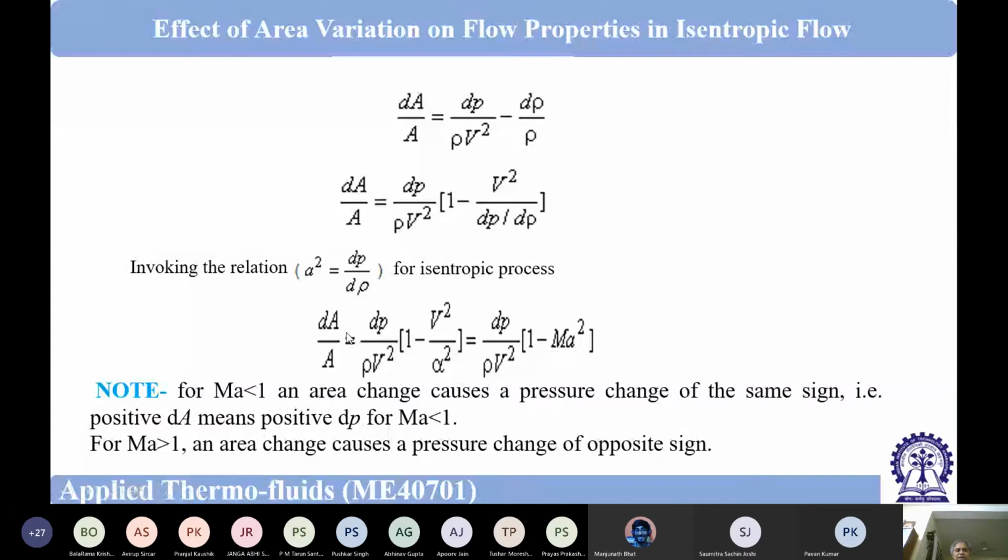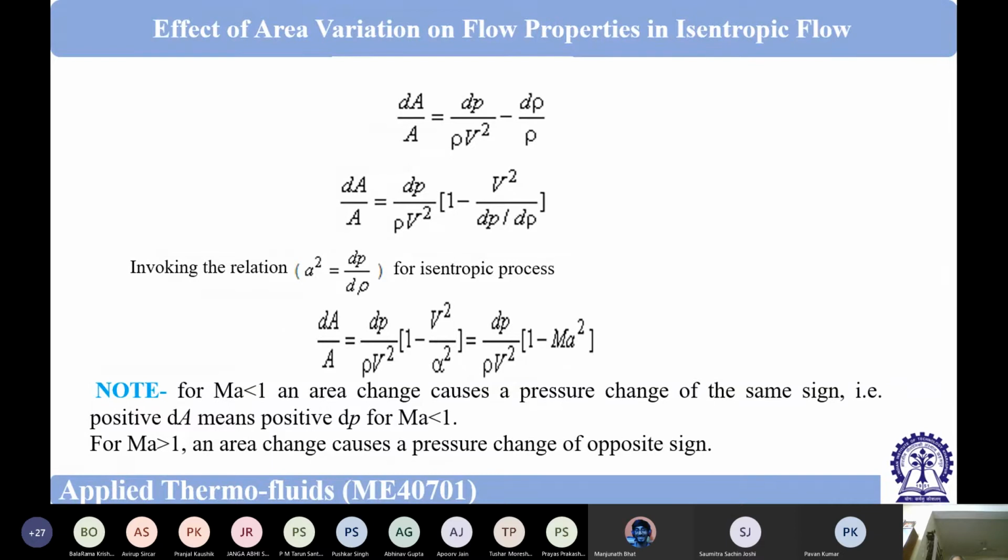Whatever will be the change in A, the same change will be in dP. That means if area reduces, then pressure will reduce. And that comes from the Bernoulli equation. If area reduces, then velocity will increase. So kinetic energy will increase. So if kinetic head increases, then pressure head has to decrease.